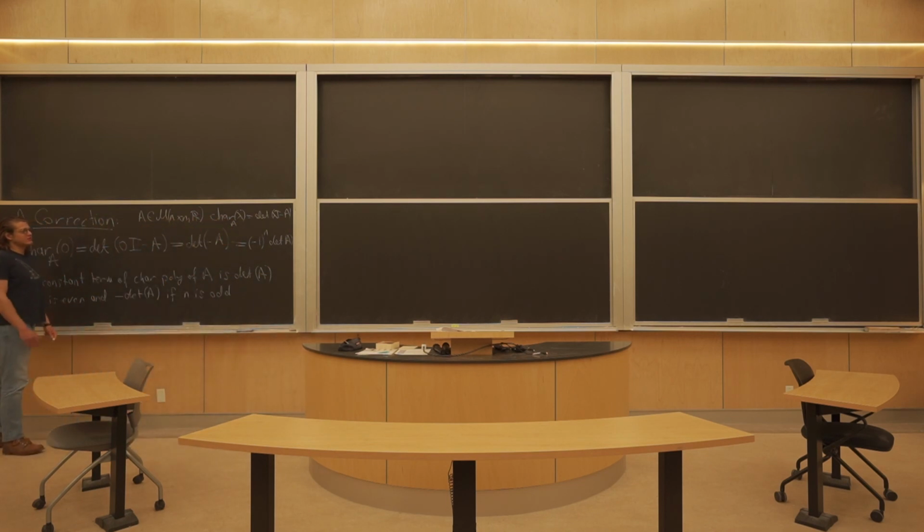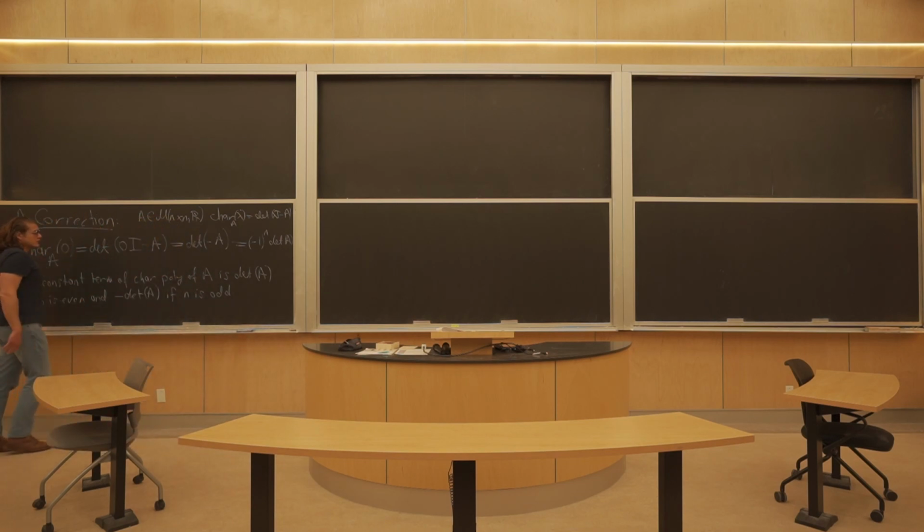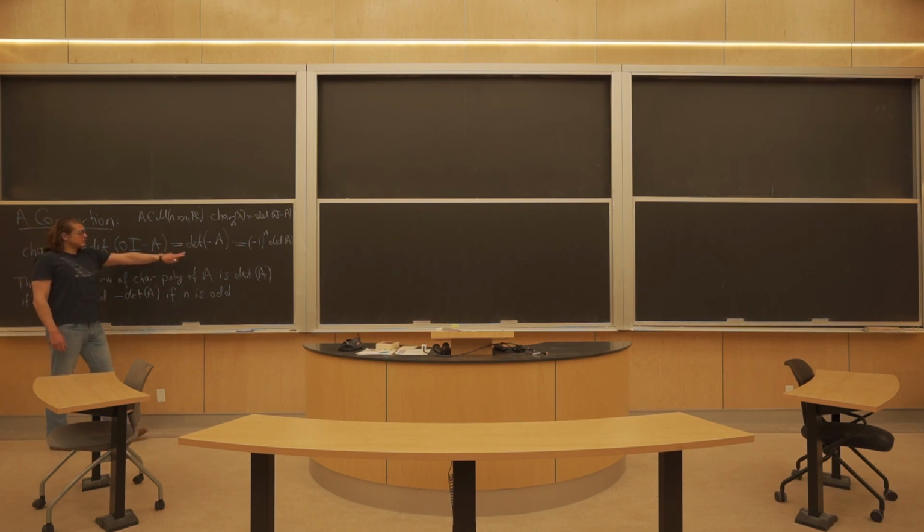I scale it by lambda, so now I have lambda on the diagonals and then I subtract A. This again is an n by n matrix and I can look at the determinant. Since lambda is variable, it's a polynomial. So the constant term of this polynomial, the degree 0 term, is char sub A of 0. When I plug in lambda equals 0, I get this, which is really this.